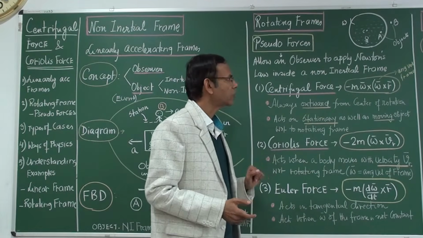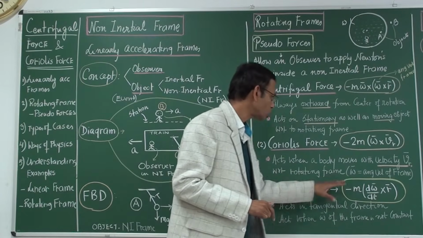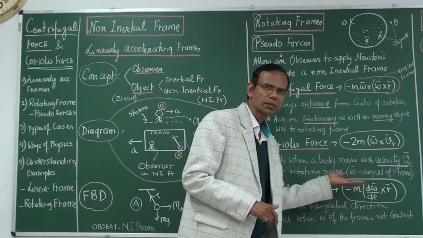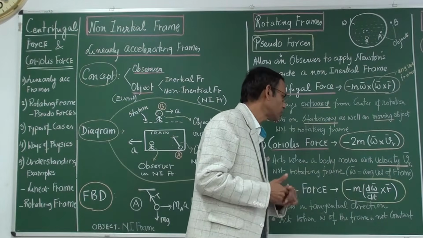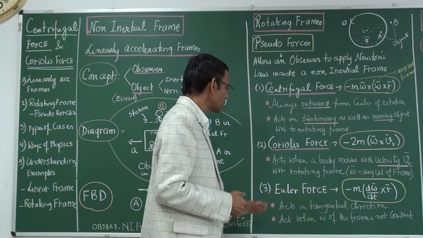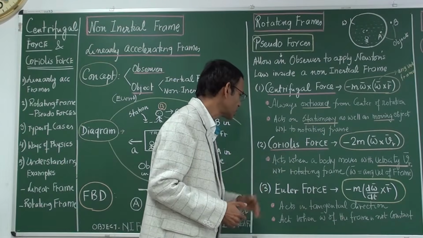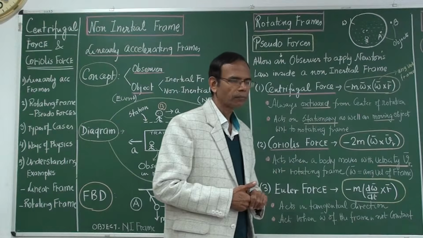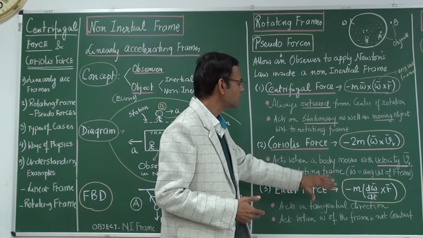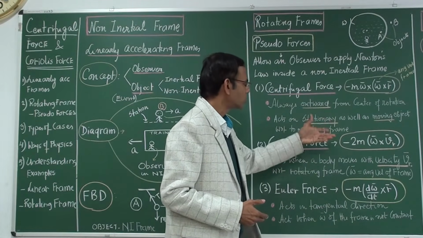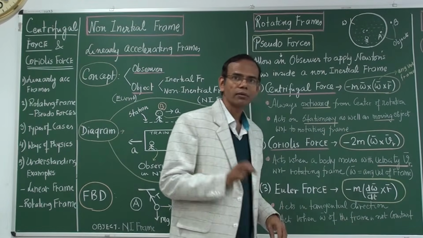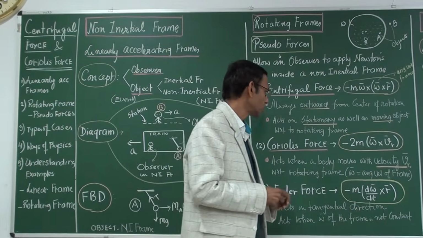Presently, I have not taken any such case, so presently we are not dealing with this expression, but sometimes you can take help of it. This basically acts in the tangential direction and acts when the omega of the frame is not constant. So, these are the three forces and their expressions, and the vector signs as well as these minus signs are very, very important. Okay.